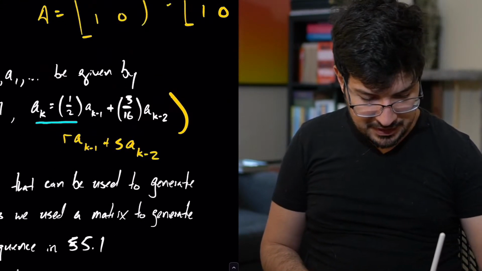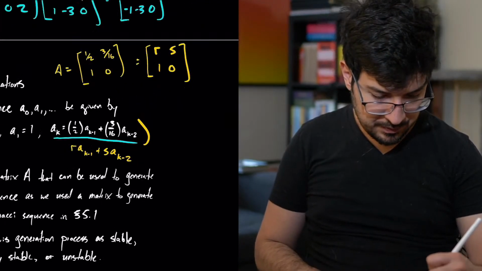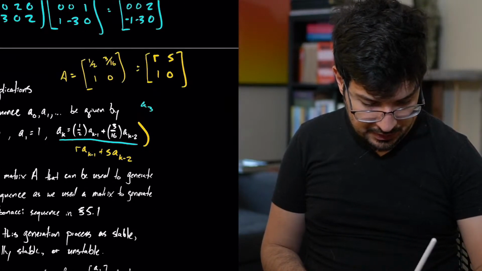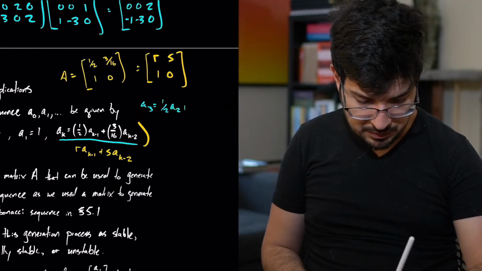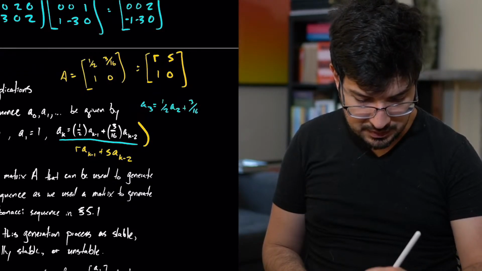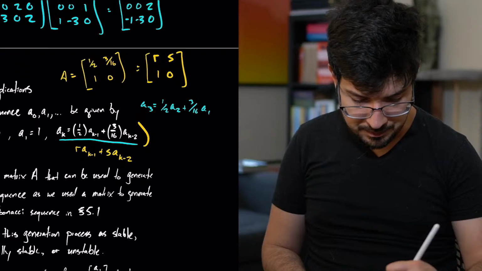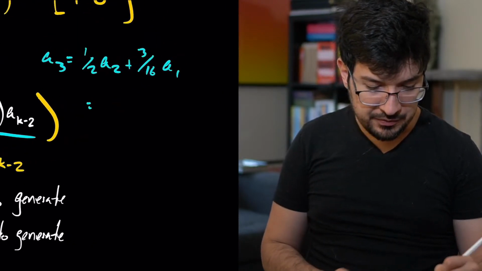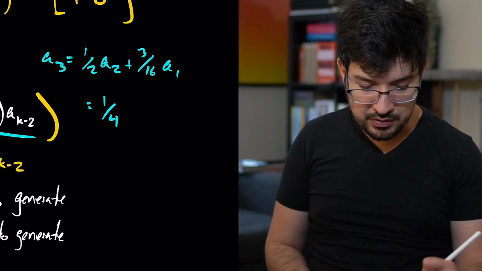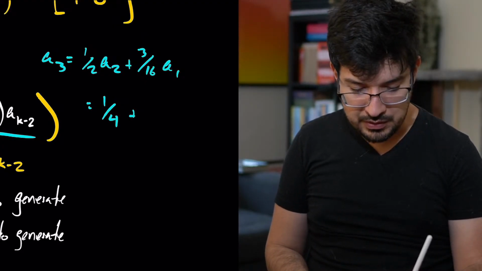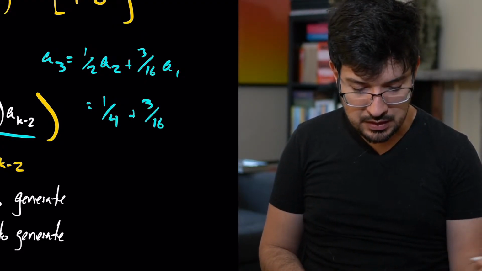By this definition, A3 is 1/2 A2 plus 3/16 times A1. And we've found A2 a few times is 1/2. So this would be 1/4 plus 3/16.